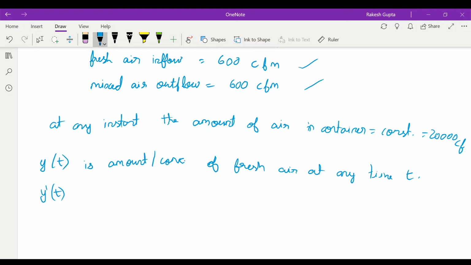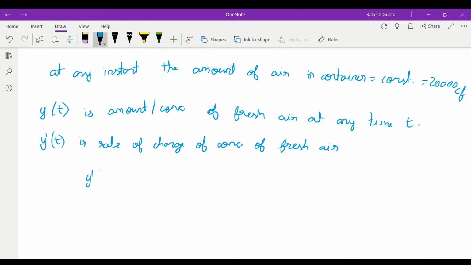So when you differentiate the concentration of fresh air with respect to t, you get the rate of change of concentration of fresh air. This rate, y dash of t, is nothing but the inflow rate of fresh air subtracted by the outflow rate of fresh air.